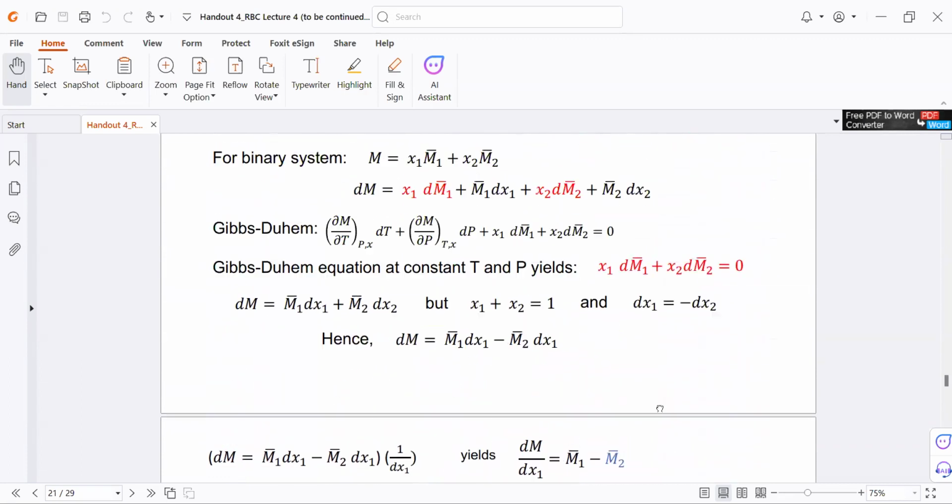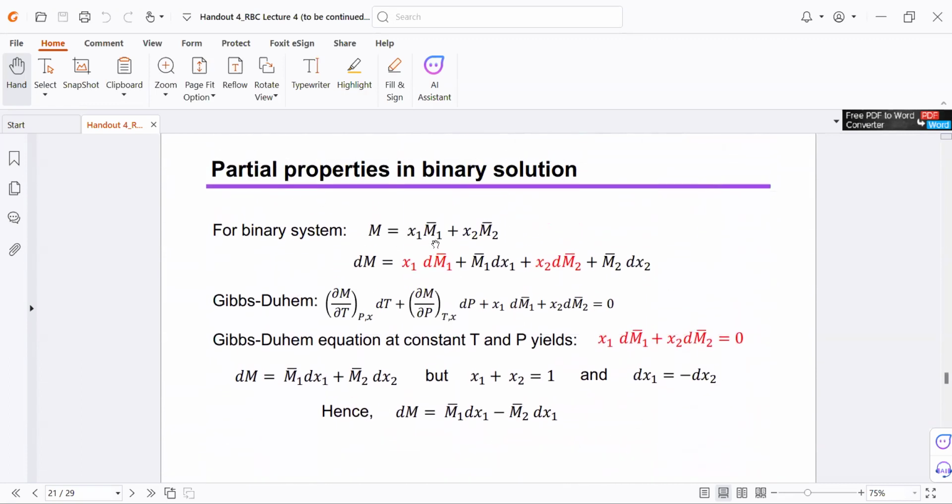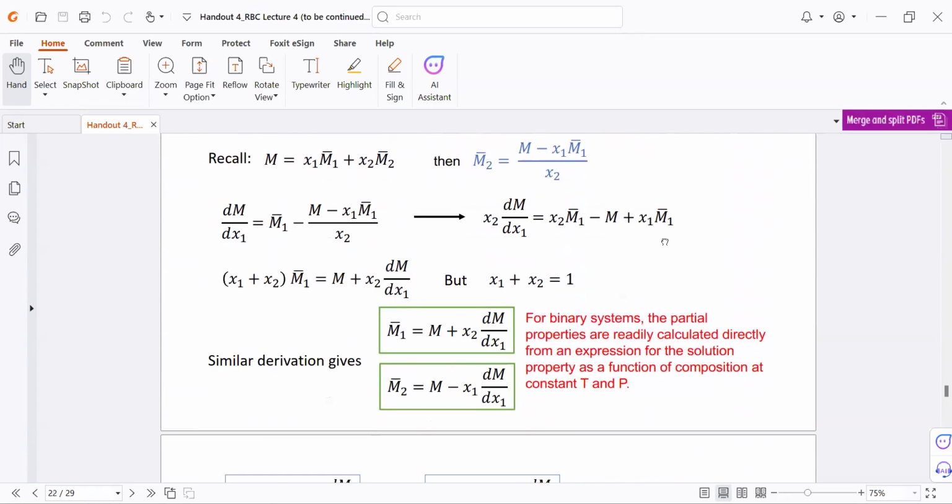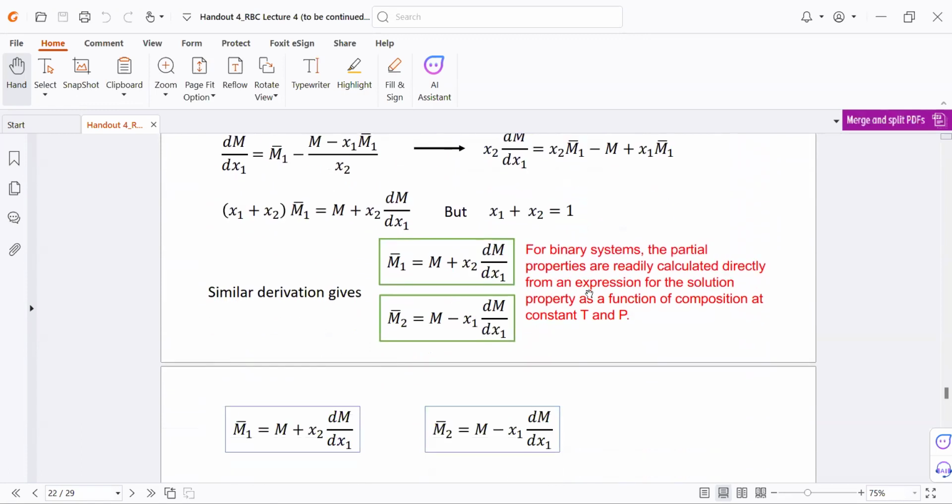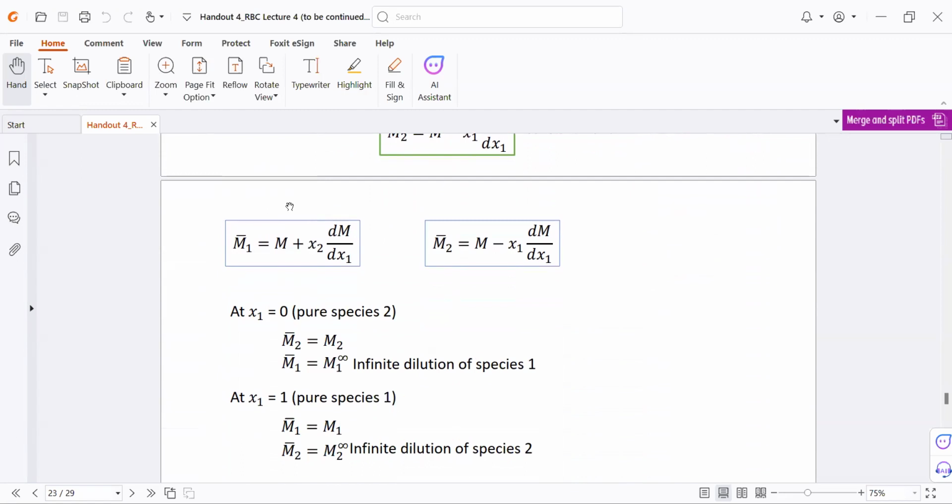By first assuming the summability equation and then assuming T and P are constant, we're able to get the expression for partial properties as a function of composition at constant temperature and pressure. So we make use of this equation, but we replace M with H because these are general equations.